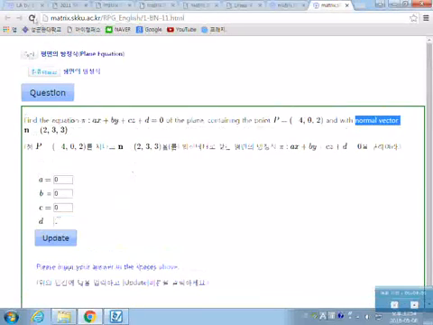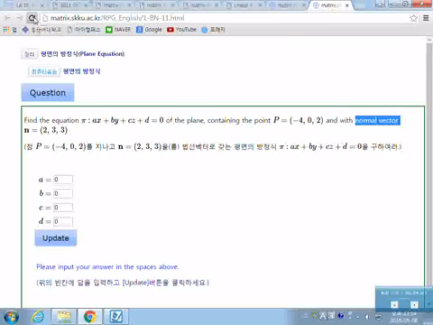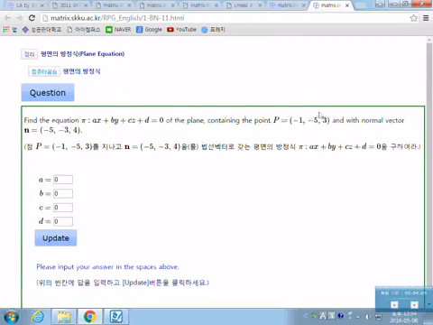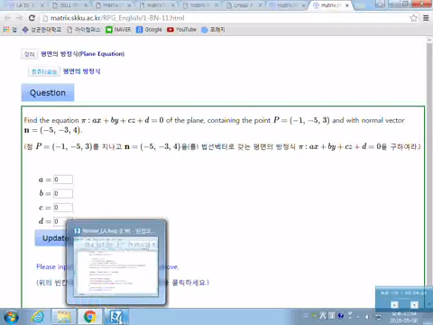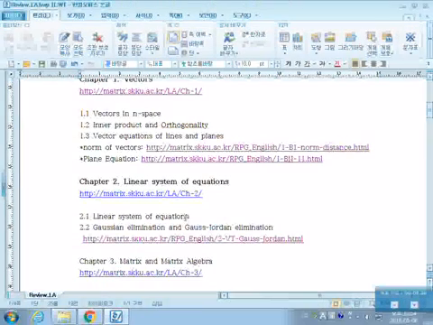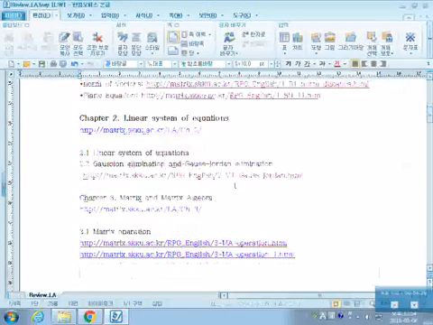If you refresh the page, it is the same kind of problem, but the exact values are changed. This kind of system can generate the same kind of problems randomly, so it is a good way for students to check themselves on whether they know this concept or not.